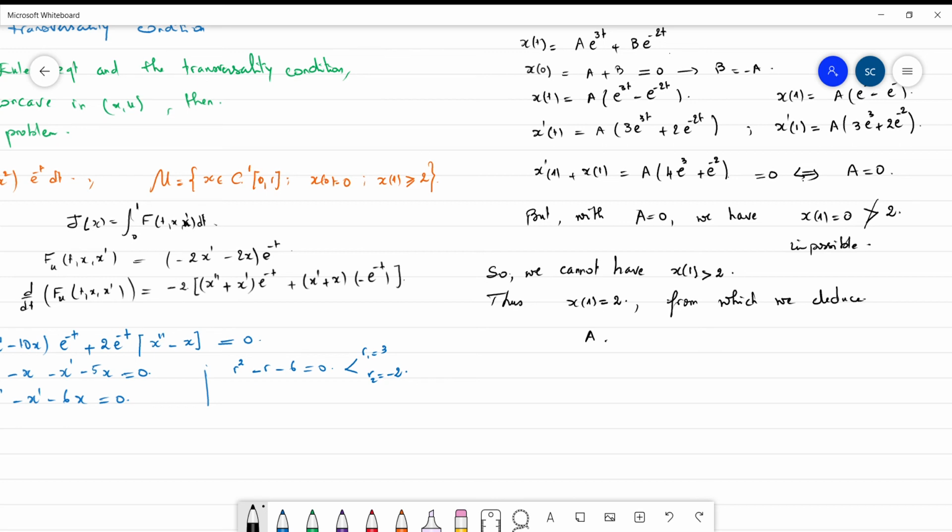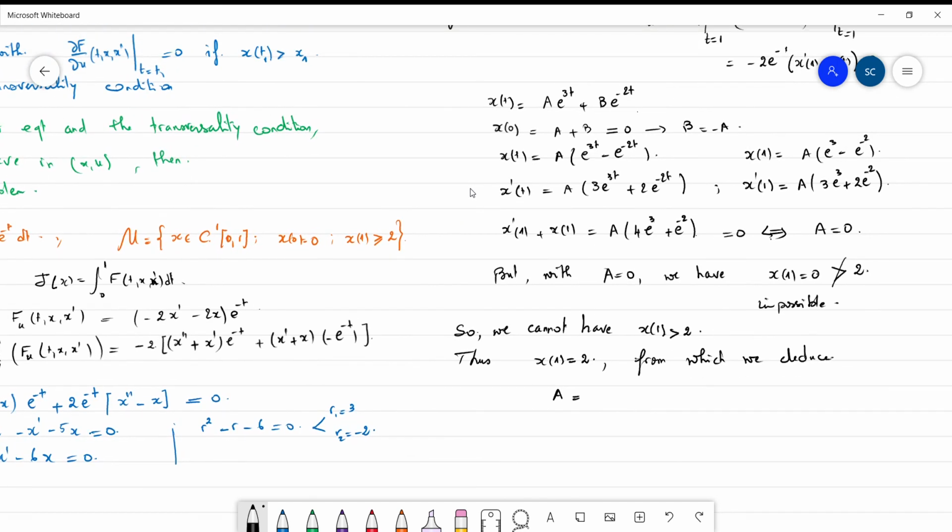We know that x1 equals 2, so a equals 2 over (e^3 minus e^(-2)), and x(t) will then be this constant times (e^(3t) minus e^(-2t)), over e^3 minus e^(-2).